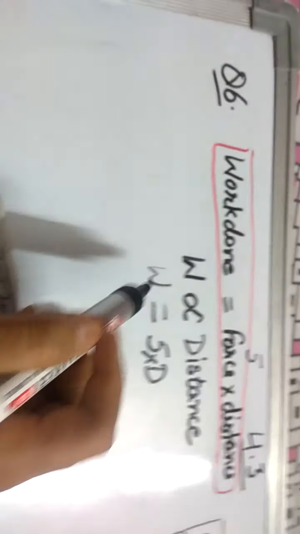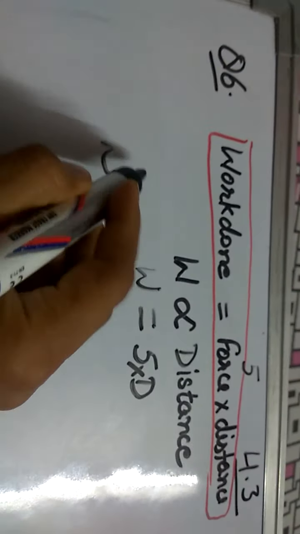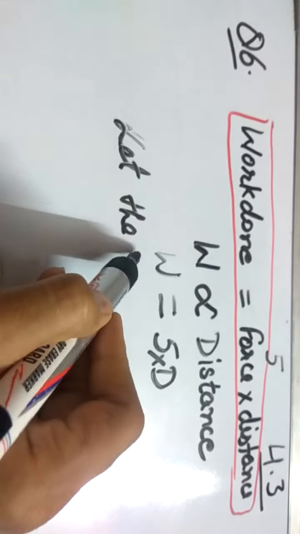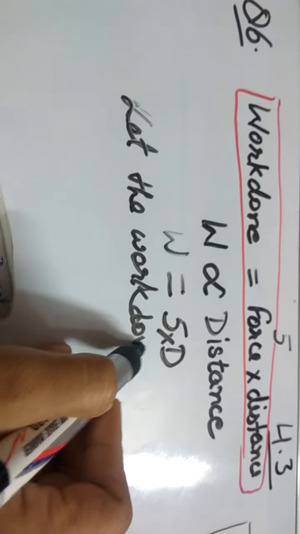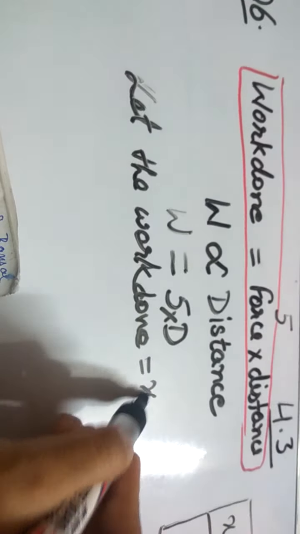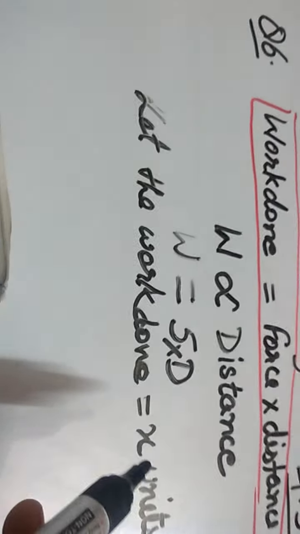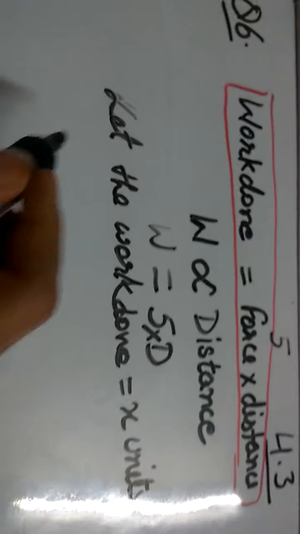So in this way you will get an equation. Now let us assume the variables for work done and distance. Let the work done by the body be equal to x units, because units are not mentioned; otherwise the unit for work done is joules, but because in this question units are not there, we will write them as units.